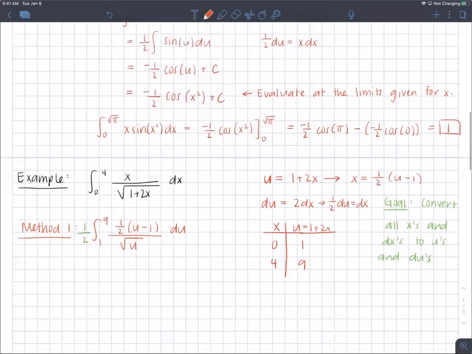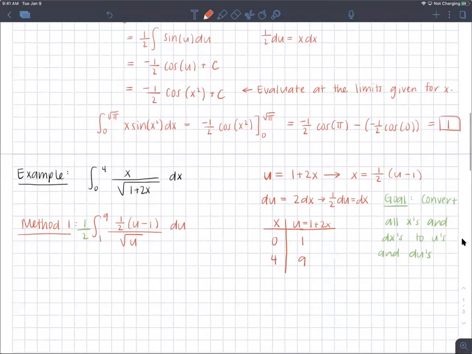Okay, so what do you guys think I'm going to do with all of these u's? What can I do with this square root? Yeah, I'm going to write it as u to the negative 1/2. And so when you do that, if I bring this 1/2 over to this 1/2, then that's how I'm getting 1/4, right?